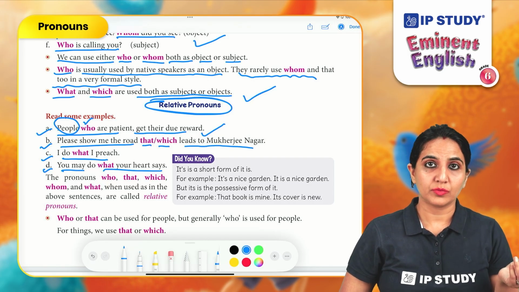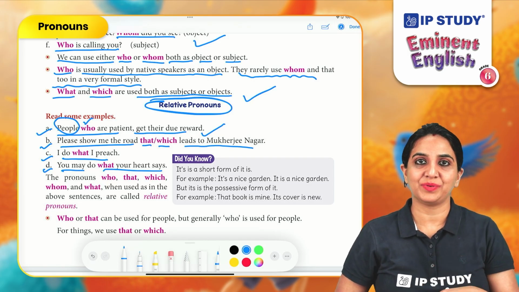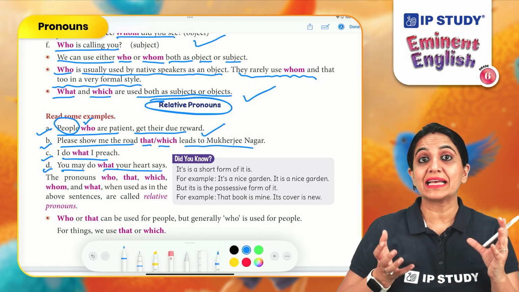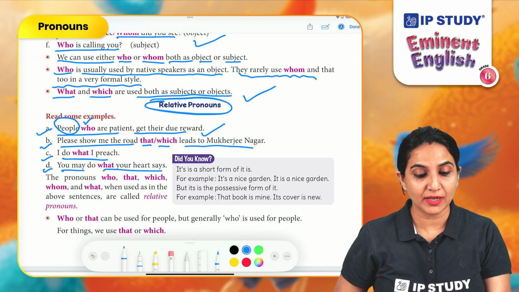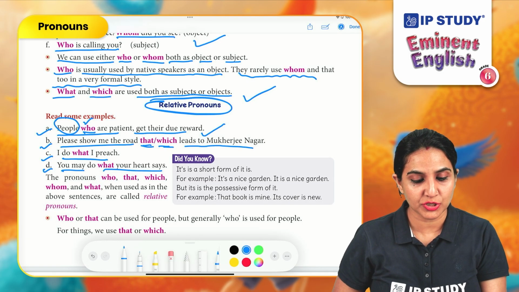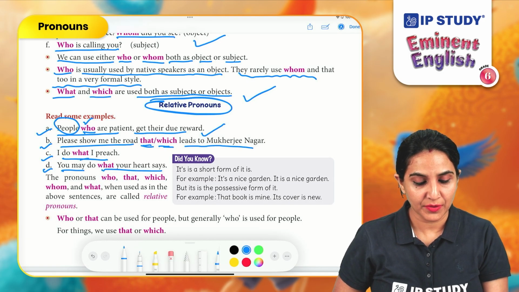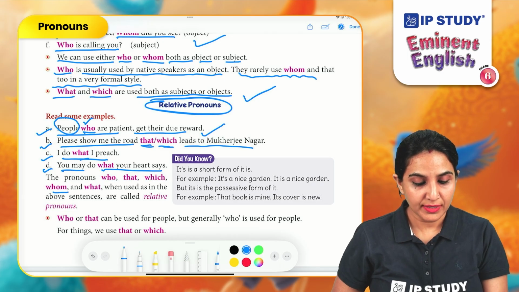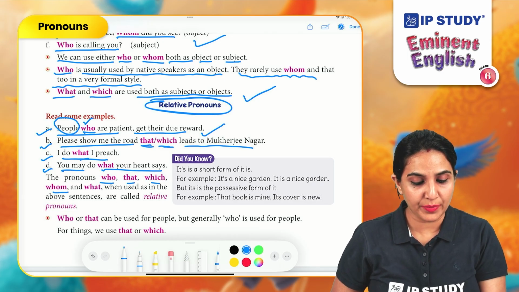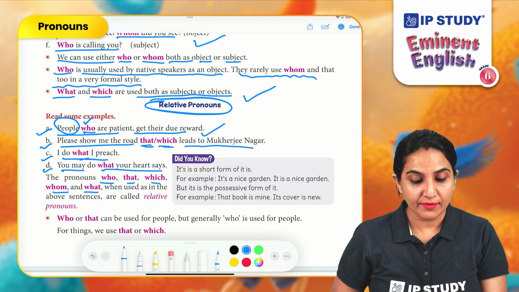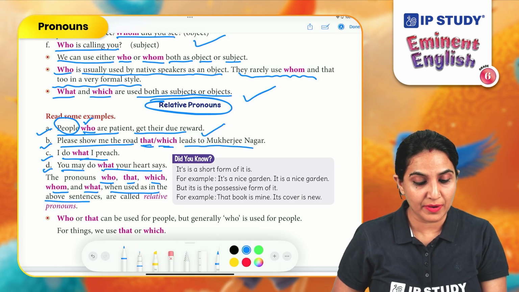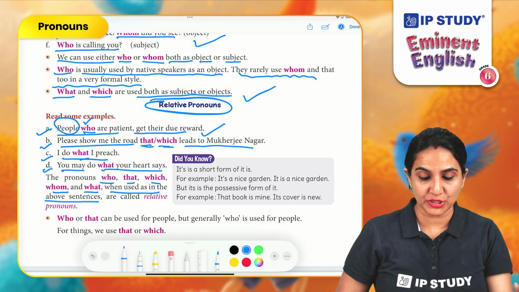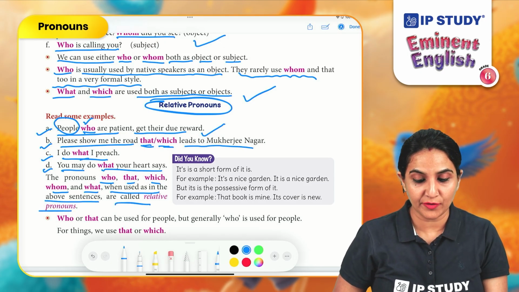I do what I preach. So like this, we have used relative pronouns like who, that, which, what, and whom. Who, that, which, whom, and what, when used as in the above sentences to show the relationship, are called relative pronouns.